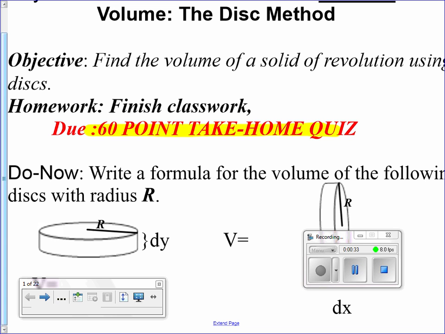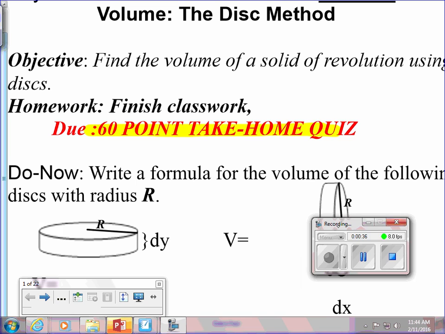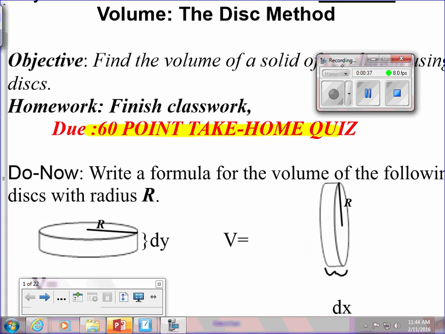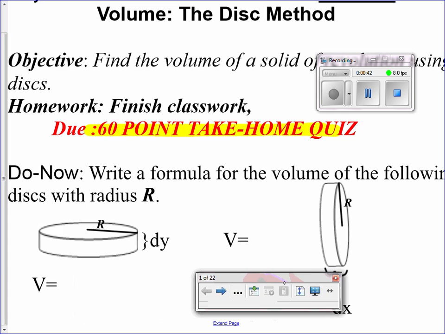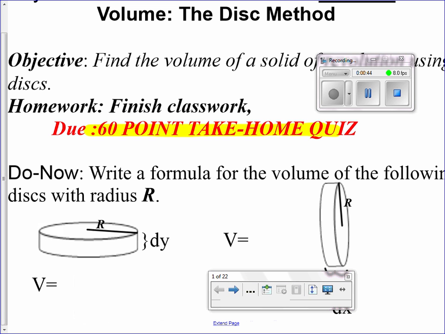So before we can actually get going, we need to figure out the volume of a single disk, and really it's a right circular cylinder. It's just a cylinder. Instead of just giving you the formula, I bet some of you remember how to get the volume of a cylinder. If you know the area of the base, you multiply it by the height, and you'll have the volume.